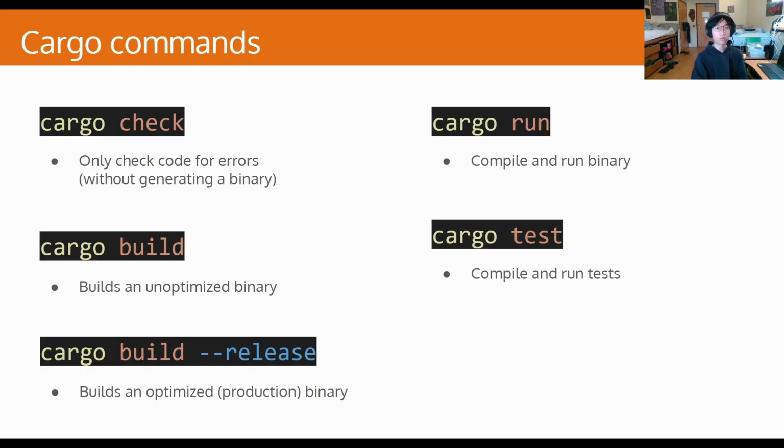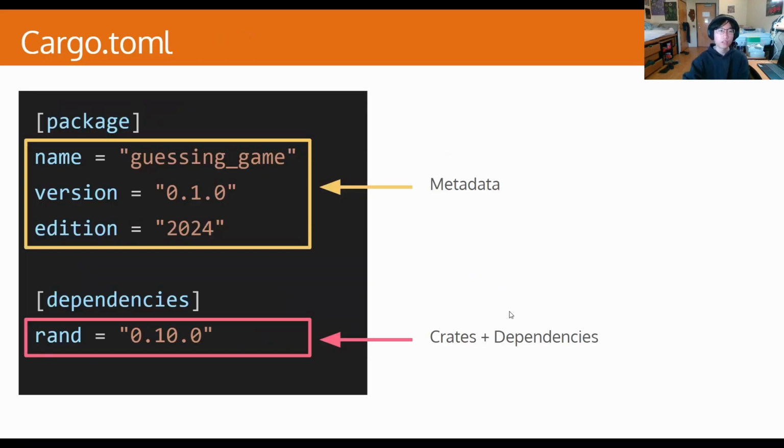And cargo build with the release flag will take the longest to run, but it builds an optimized production binary. So this will be the fastest when you run the executable. There is also cargo run, which compiles and runs binaries, as well as cargo test, which compiles and runs tests.